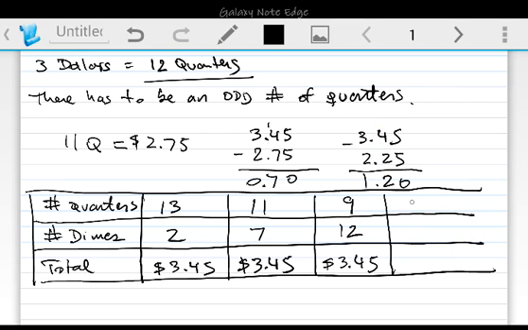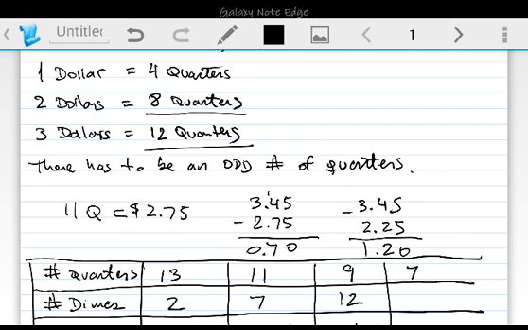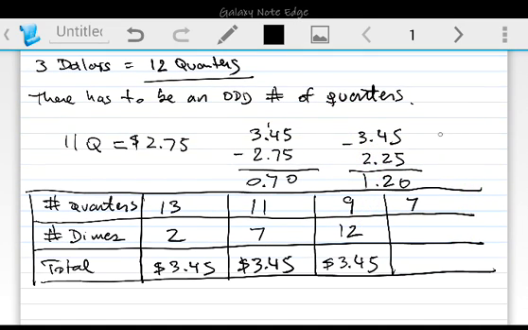And then so on and so forth. The next one will be 7 quarters. 7 quarters would be $1.75. So $3.45 minus $1.75 would be $1.70, which is 17 dimes. And this still adds to $3.45, so on and so forth.